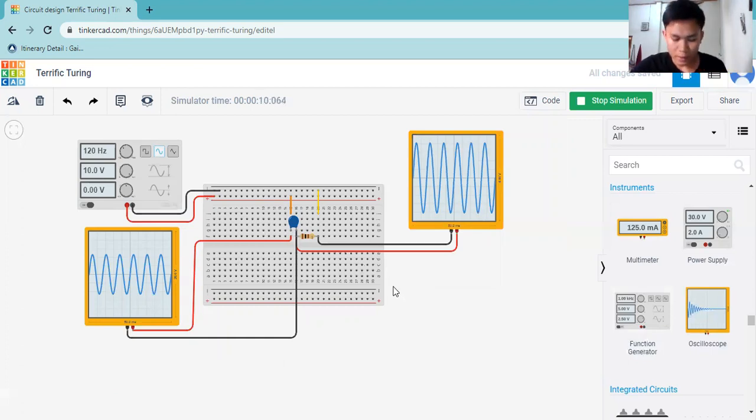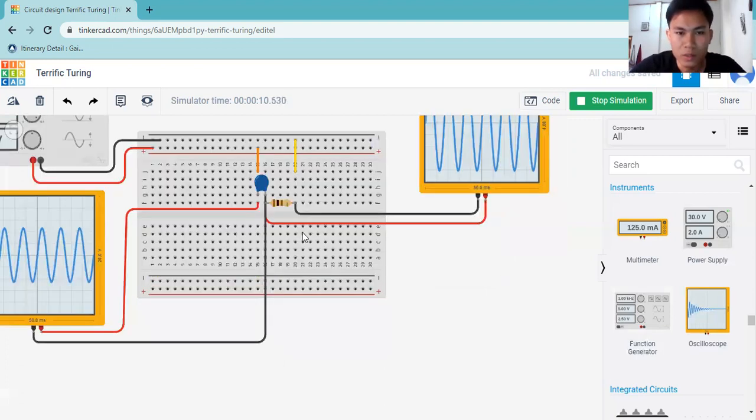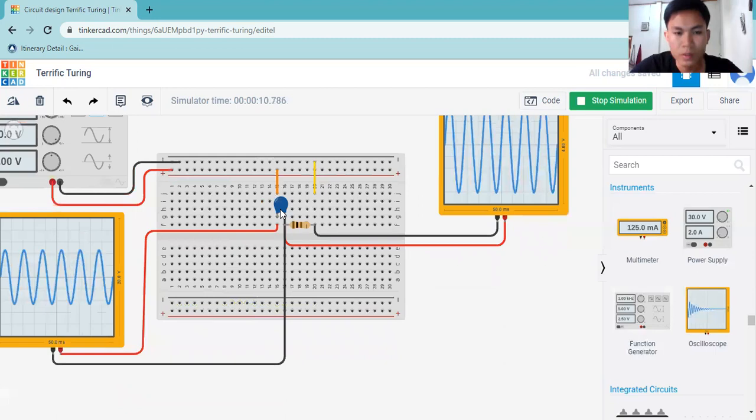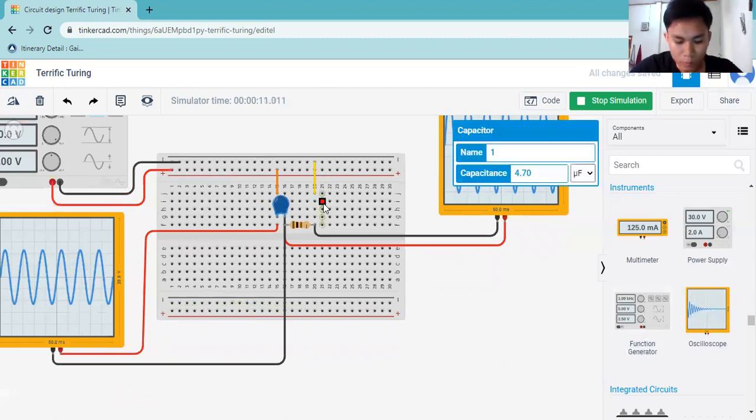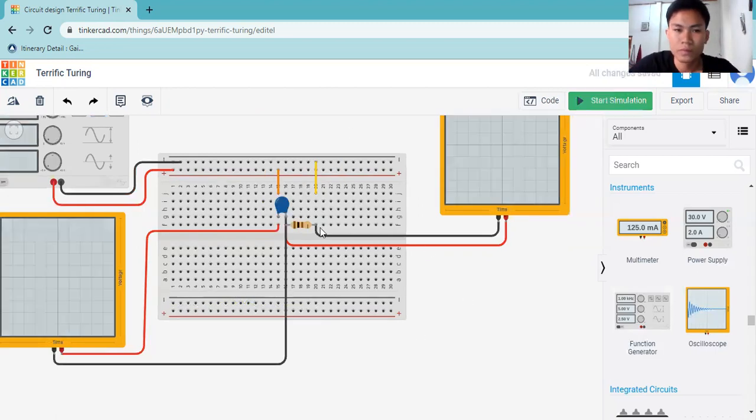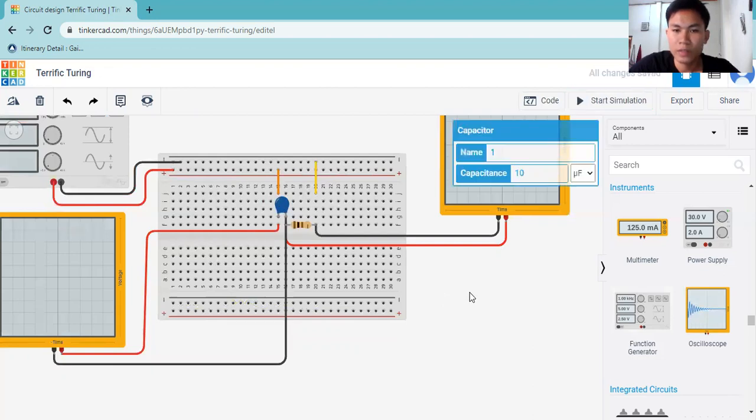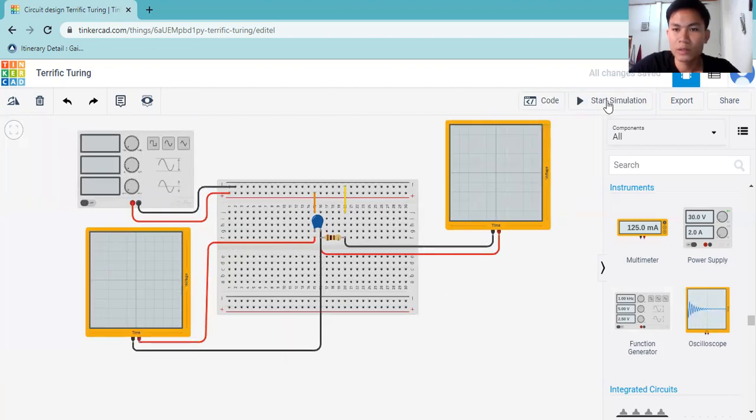So this is for part 1. And now we also need to change the capacitor from 4.7 to 10 microfarad and measure its value again.